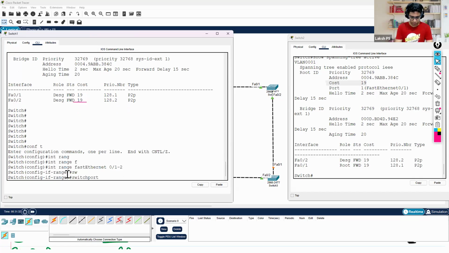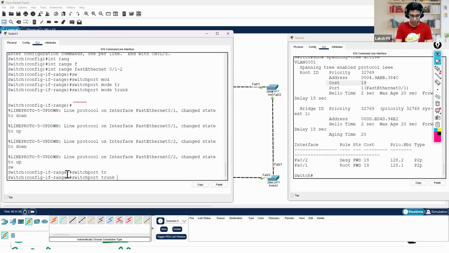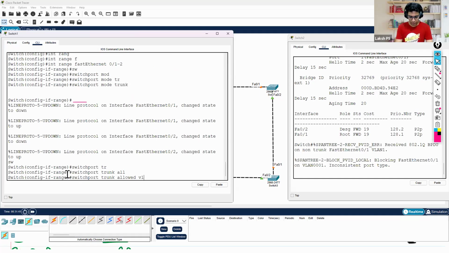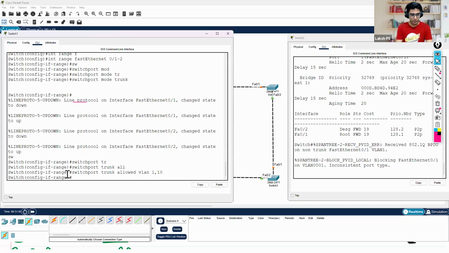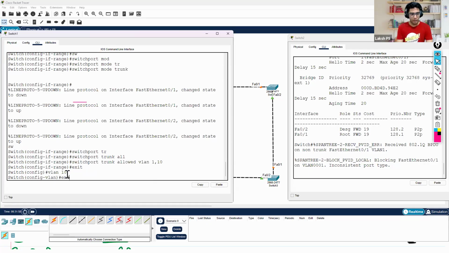Switchport mode trunk, switchport trunk allowed VLAN 1,10. On this switch we have not created VLAN number 10, so VLAN 10.